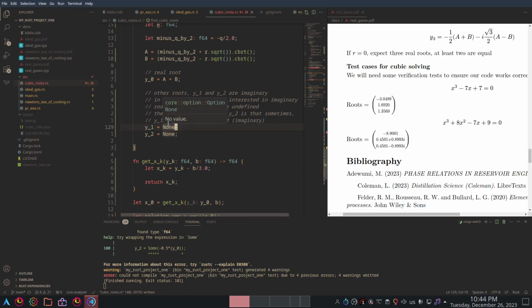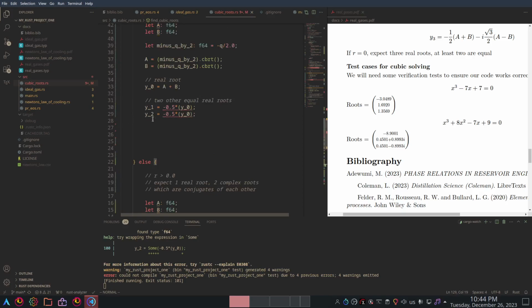If y1 and y2 exist, then there's a real value, so instead of None we use Some, which is properly called the Some variant.